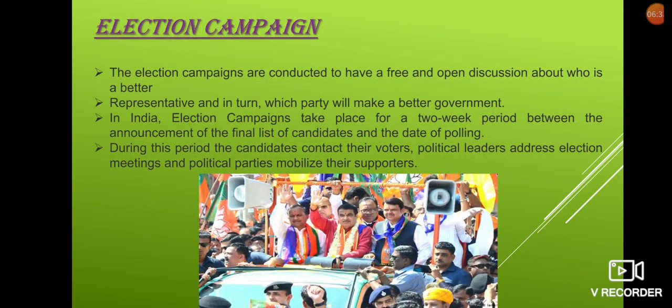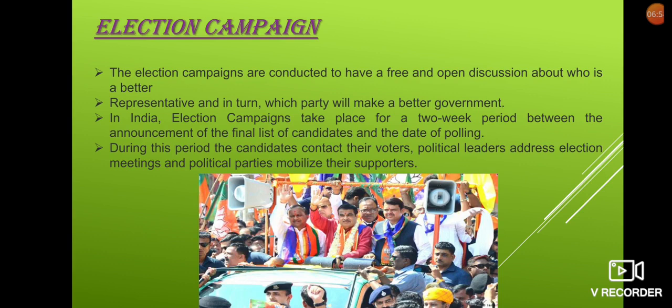Our third topic comes: election campaign. The election campaigns are conducted to have a free and open discussion about who is a better representative, and in turn which party will make a better government.